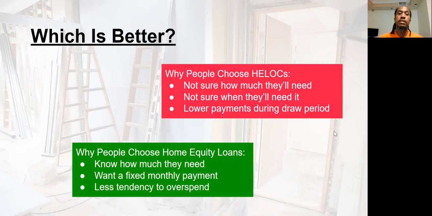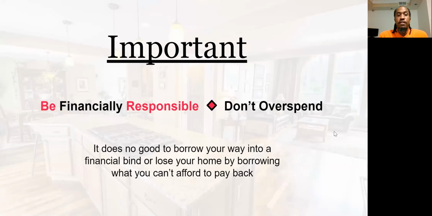So utilizing a HELOC or a home equity loan to pay off thousands or tens of thousands of dollars in credit card debt could be a smart move, because you're going to pay less interest over time on one of these loan products than what you would just having that money sit on your credit card.